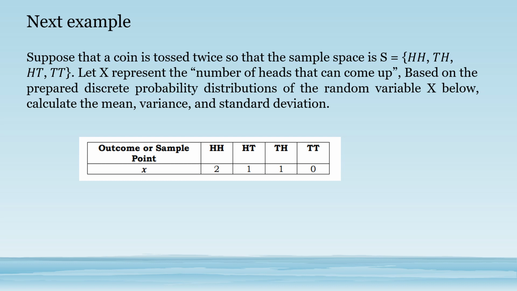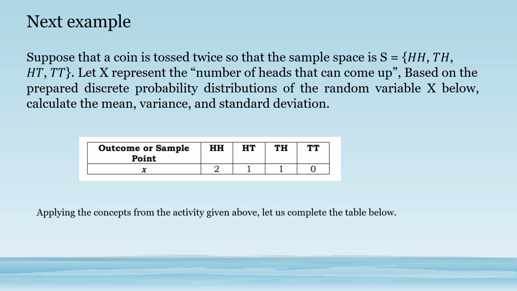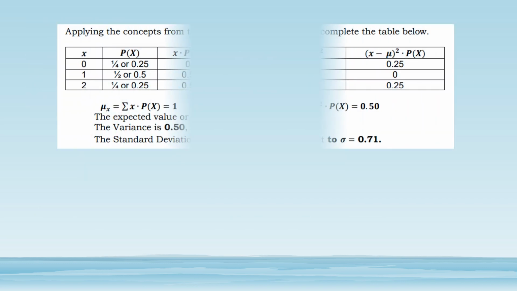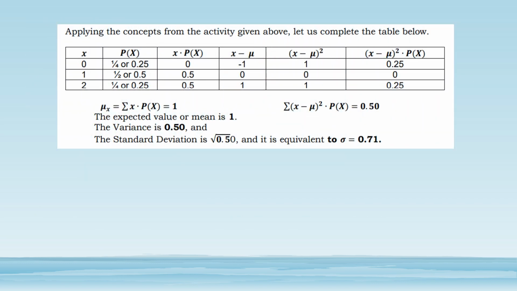So here is the probability distribution. Applying the concepts from the activity given, let us complete the table. Our aim is to find the mean, the variance, and the standard deviation.